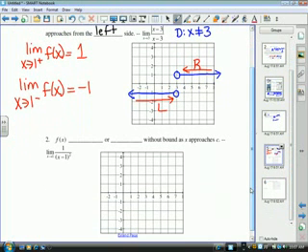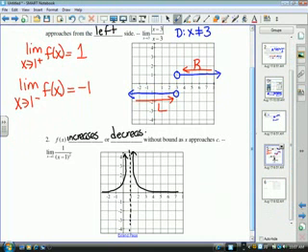The other type we've already seen; this function will kind of look like this. What's going on there? Right. So what it will say is this thing either increases or decreases without bound.